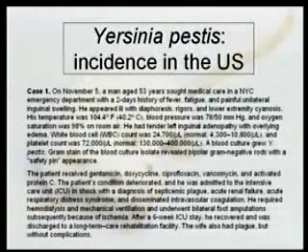A blood culture grew Yersinia pestis. Gram stain of the culture isolate revealed bipolar gram-negative rods, sometimes referred to as having a safety pin-like appearance. You will see some pictures later on. The patient received gentamicin, doxycycline, ciprofloxacin, vancomycin, and activated protein C for low thrombocytes.